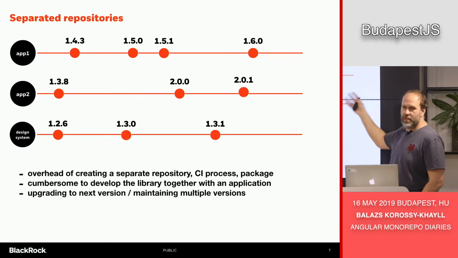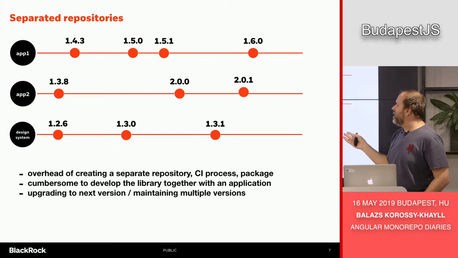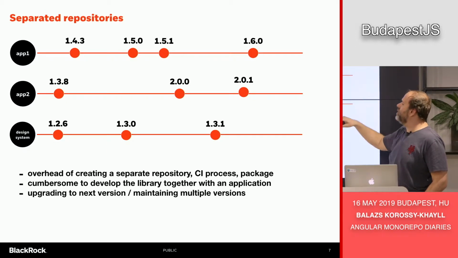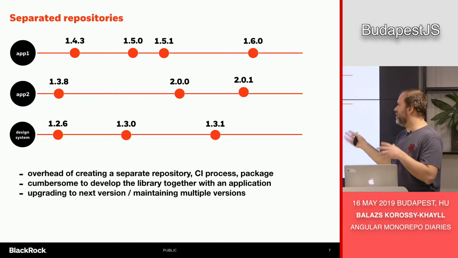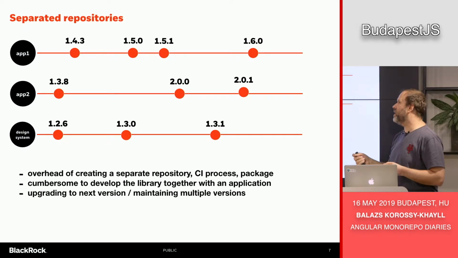And that's just one of the problems, but there's a number of other problems. So for these npm packages, you have to set up all the Git repositories, the continuous integration process. You have to publish the packages into an internal package repository. It's always a problem to develop together the design system with an application. So design system is developed separately.